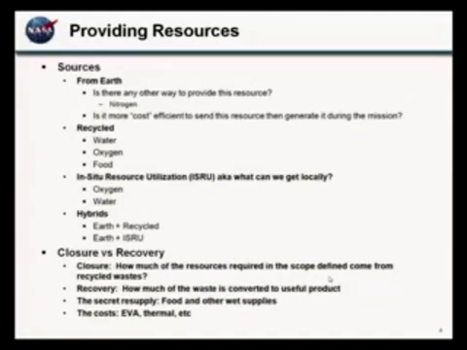Another example here, I have wet supplies. We talked about these small quantities of hygiene water, and the crew gets through that by having a lot of wet wipes. There are a lot of Huggies wipes sent up with the potty. There are a lot of antimicrobial wipes used to clean surfaces, and all of those things are wet.